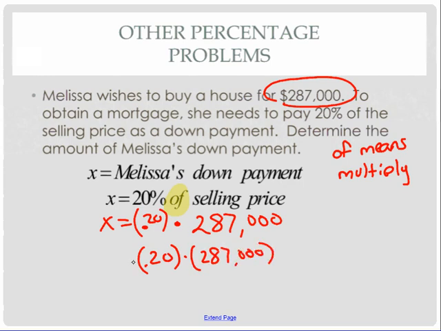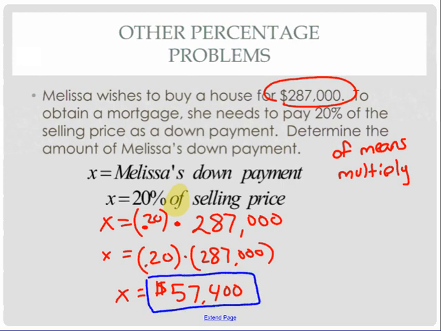Go ahead and put that in your calculator, and what you'll get is that X equals 57,400. Not good enough. $57,400. Now we have an answer. Okay, X is Melissa's down payment. If Melissa wants to buy a $287,000 house, she needs to come up with $57,000 as a down payment if she doesn't want to pay PMI. Okay. So there are other options, but we'll explore those later on. Bottom line, if you can get 20%, you definitely should.